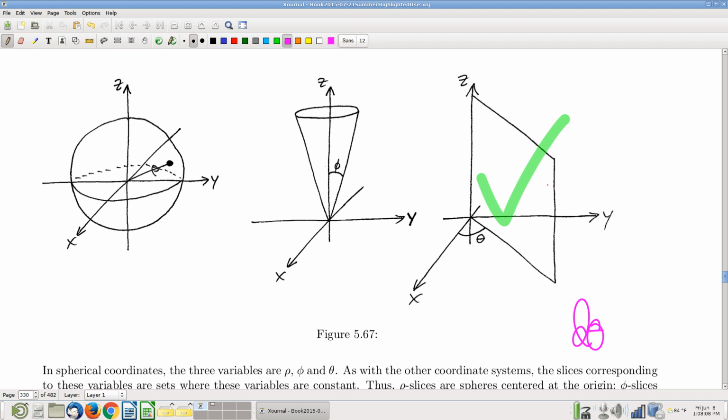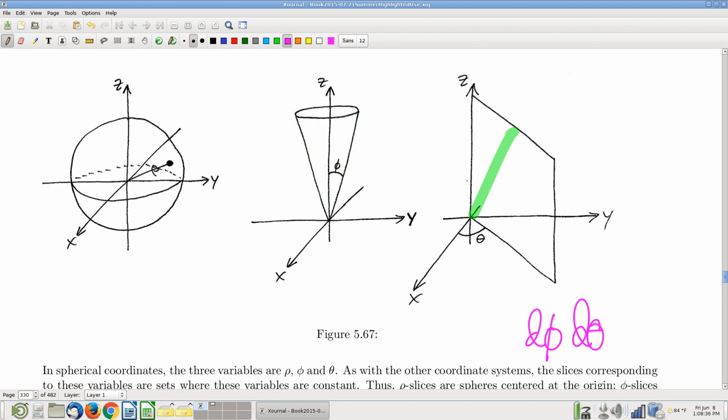Having done that, a rho slice would be curved even inside of that theta slice. But a phi slice is a straight line. So we do our phi slicing second.